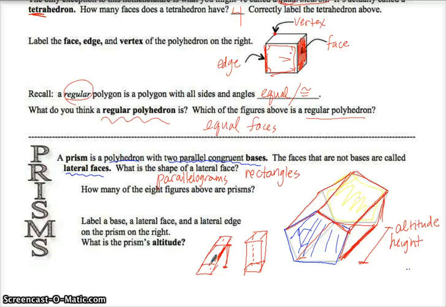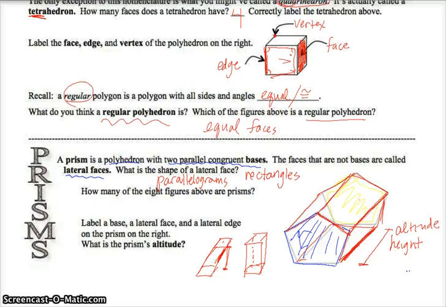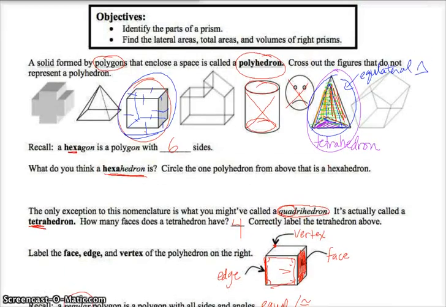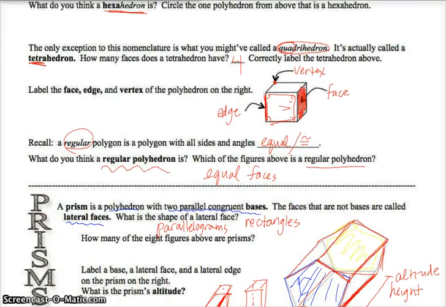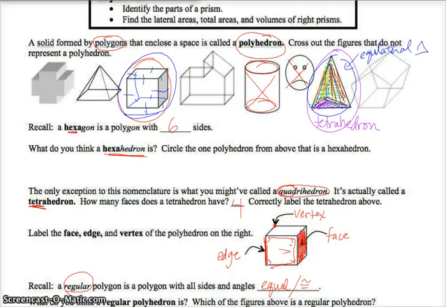Okay, how many of the 8 figures above are prisms? So again, what is a prism? A prism is a polyhedron with 2 parallel congruent bases. So could this have 2 parallel congruent bases? Yeah, this looks like a plus sign, the front and back. Those are 2 parallel congruent bases, so this could be a prism.